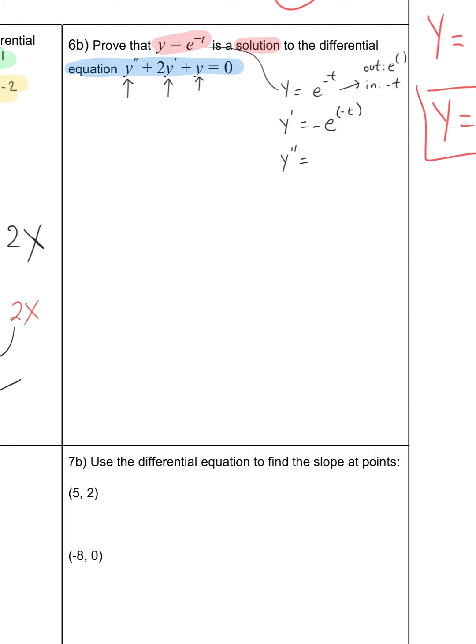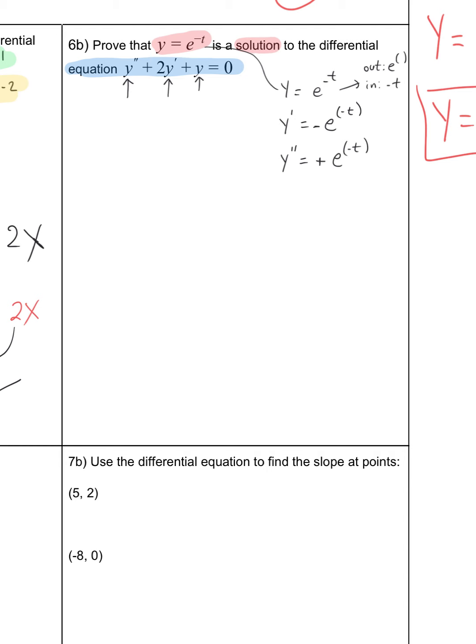And now I go again. I take the derivative of this, and that still is going to be a chain rule. The negative 1 comes along for the ride. So negative, the derivative of the outer is e to something, the inner as is, negative t. The derivative of this is negative 1. And negative 1 times a negative 1 is going to give us a positive out front. So this is y prime, this is y double prime. If you notice, y and y double prime are exactly the same.